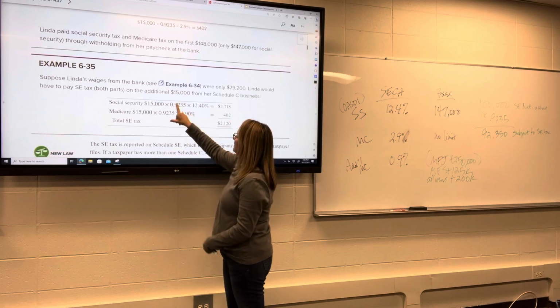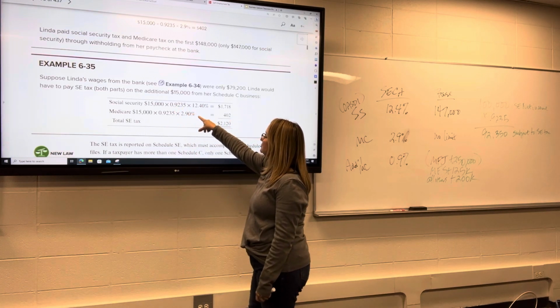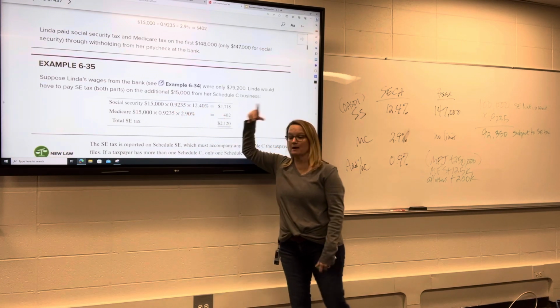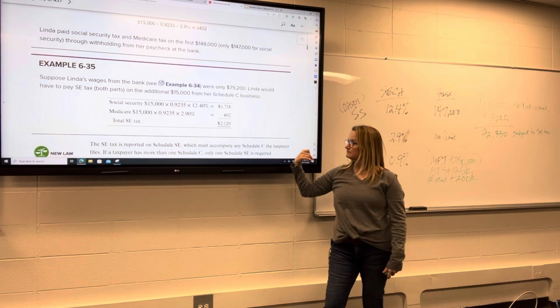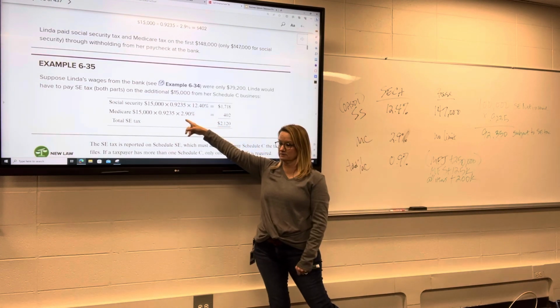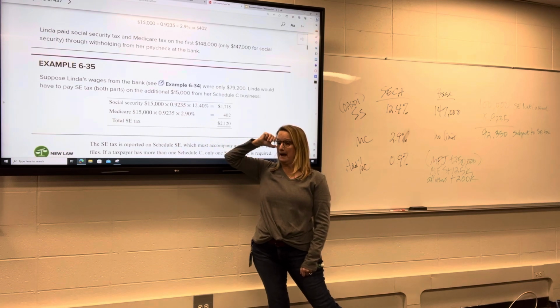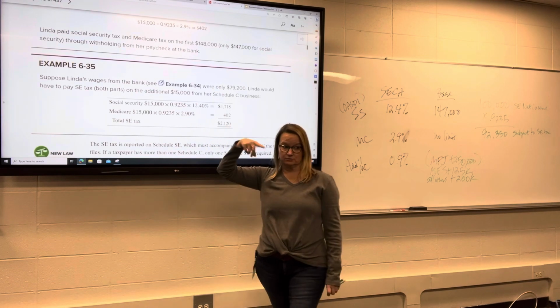You take that number, multiply it by 0.9235, and then multiply that by the tax rate. Same thing for Medicare tax, okay? The additional Medicare tax and income tax are different.